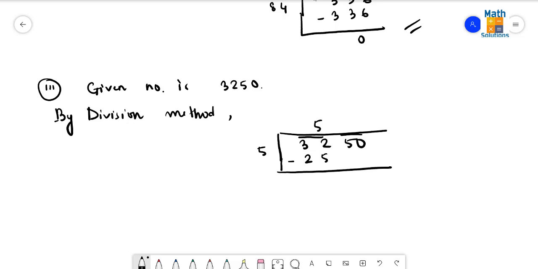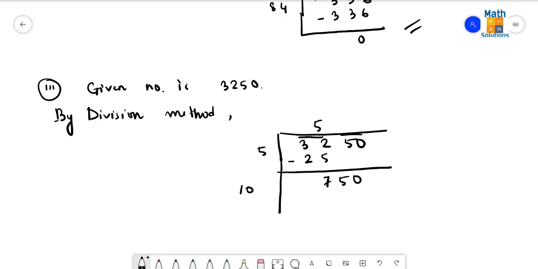After doing subtraction, we shall be getting here 32 minus 25. Of course, it is 750. Next, I have to make this 5 double, and this will be 10. So what would I have to put here so as to get a number nearest to 750 but not equal to 750 or not greater than 750? So what could be done here?